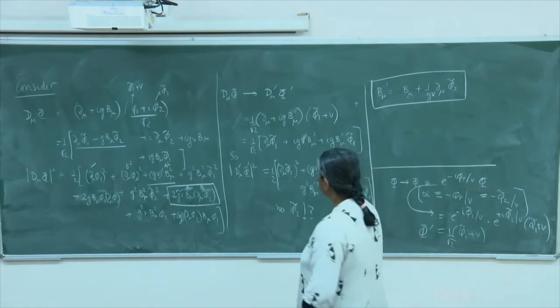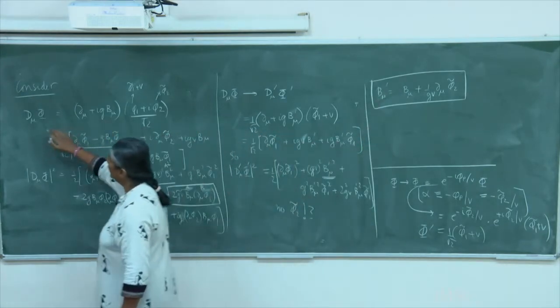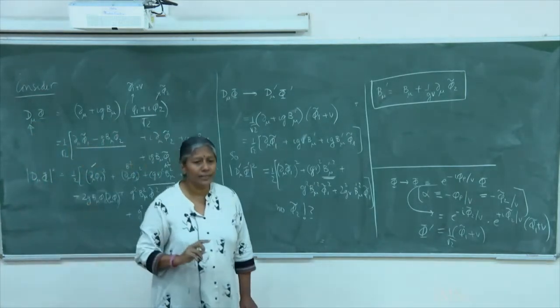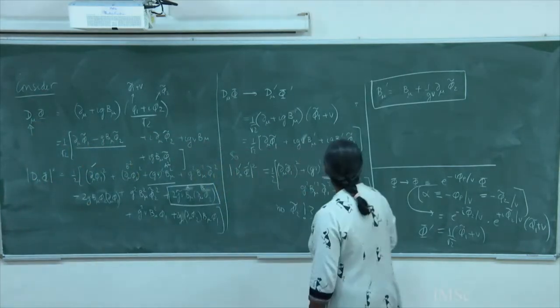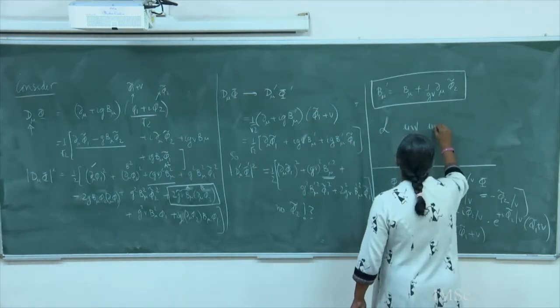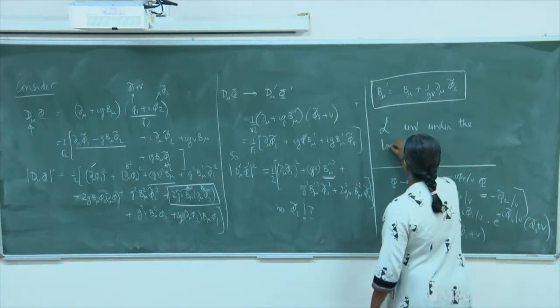And you see the way we have implemented it is by simply coupling with minimal coupling, and by coupling with minimal coupling you are guaranteed that the Lagrangian is invariant under the local transformation.